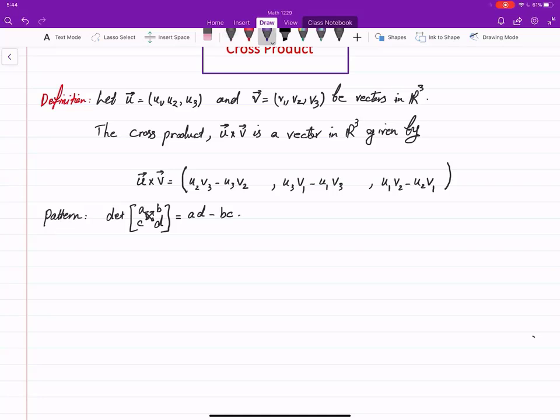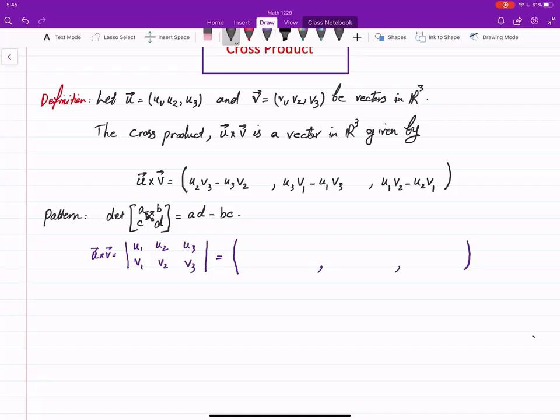Well, when someone tries to find U cross V, you can do this. Put the entries, or the components, of U in the first row, and the components of V in the second one. Then the cross product is given by this method.